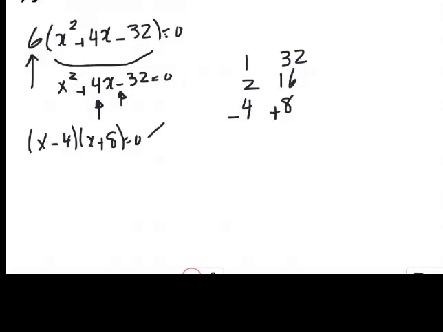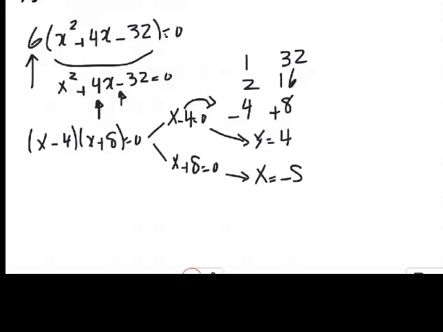So either x minus 4 has to be 0 or x plus 8 has to be 0. If x minus 4 is 0, x has to be 4 because I can move negative 4 to the right. If x plus 8 is 0, x is negative 8 because I can move 8 to the right and it becomes negative.